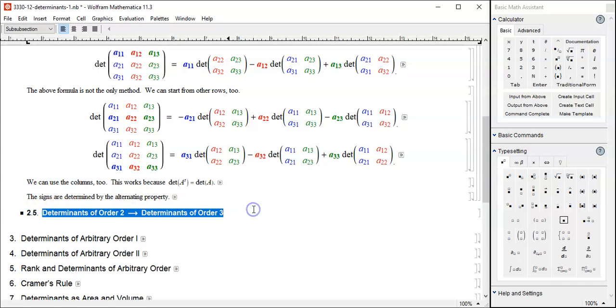Let's create an example problem. Determinant computation problem.